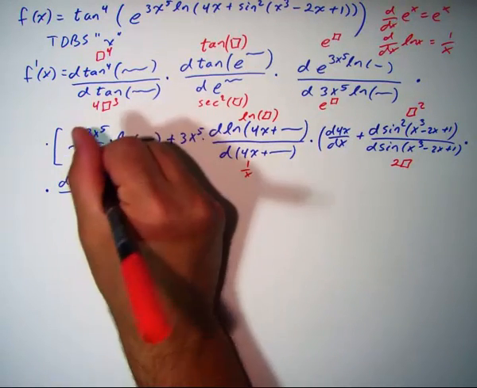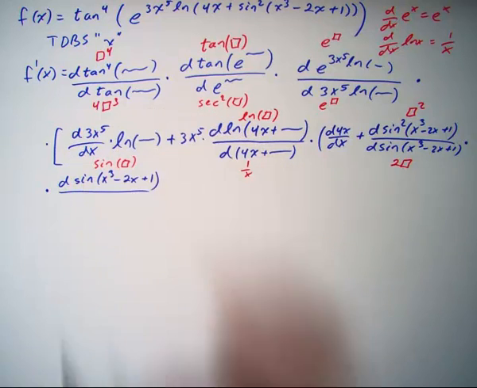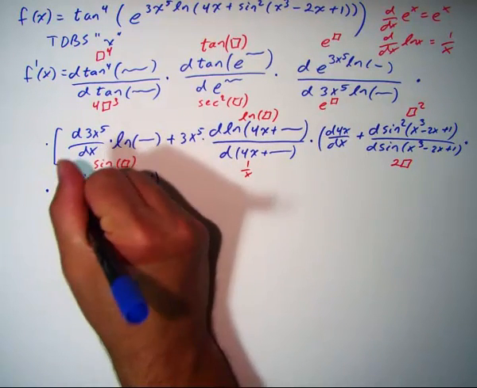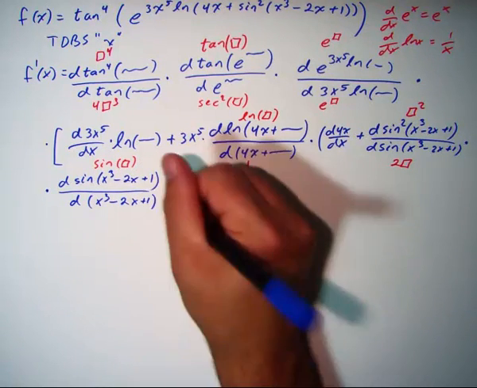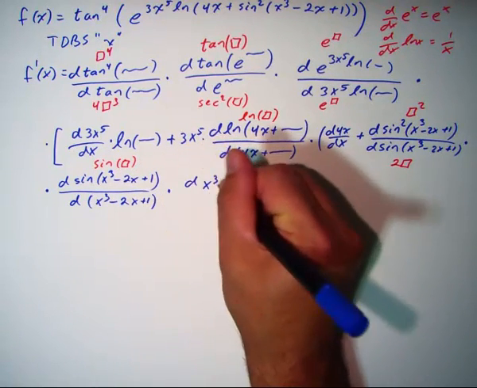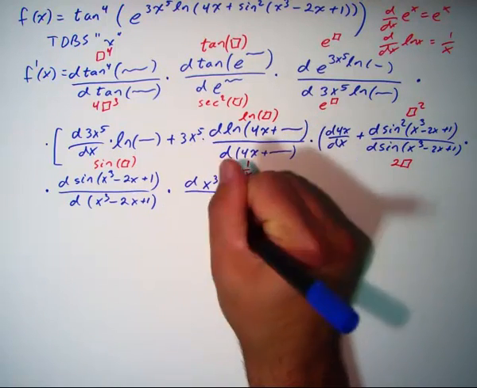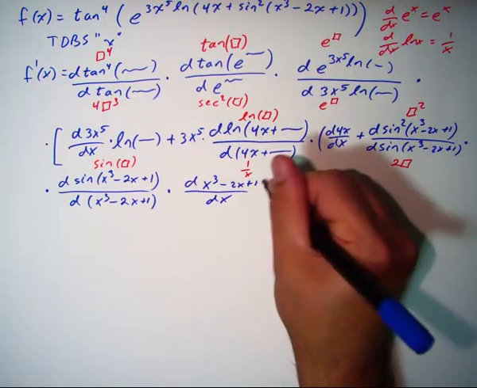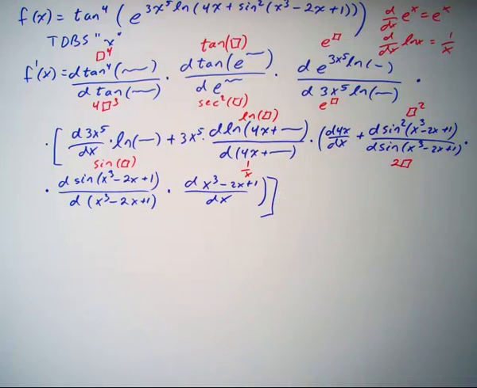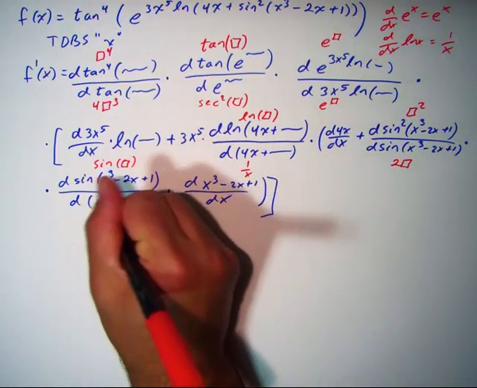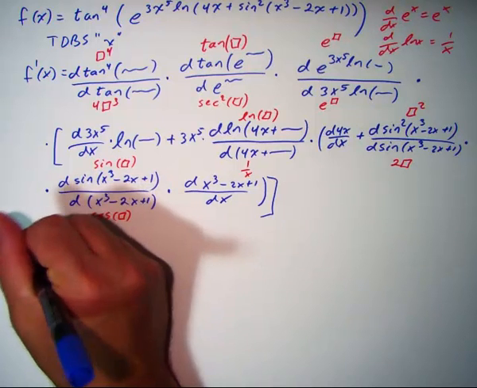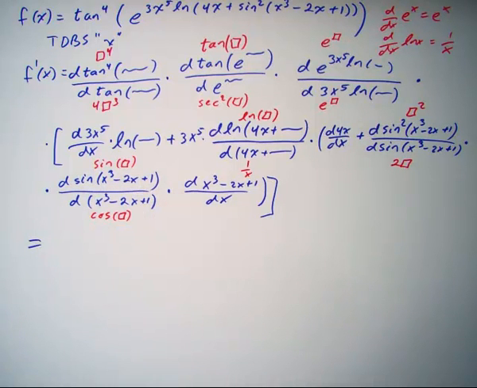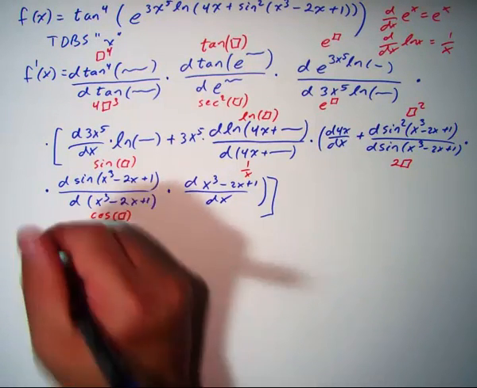This is now just sine of some object. I take the derivative with respect to that very bizarre looking angle, and then I can simply take the derivative of that, because it's a polynomial, with respect to x, close up my brackets. Derivative of sine of box is cosine of box, and now I can just write down the answer. I can write it immediately without having to spend any time thinking.